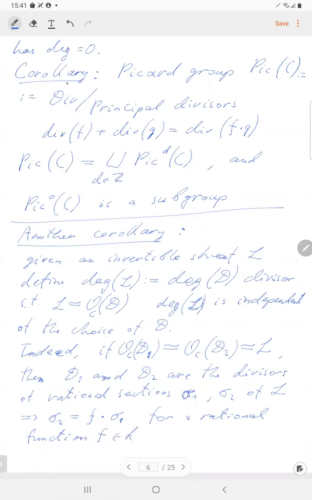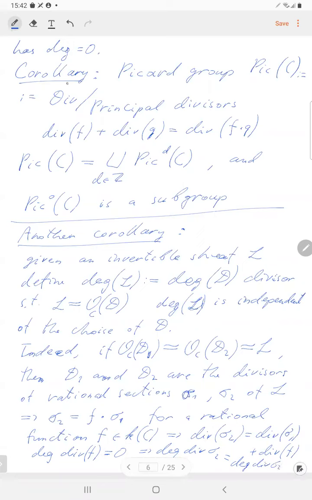Okay, and this means that the divisor of sigma 2 equals the divisor of sigma 1 plus the divisor of f, but we know that the degree of the divisor of f is 0, and so the degrees of the divisors of sigma 1 and sigma 2 coincide.